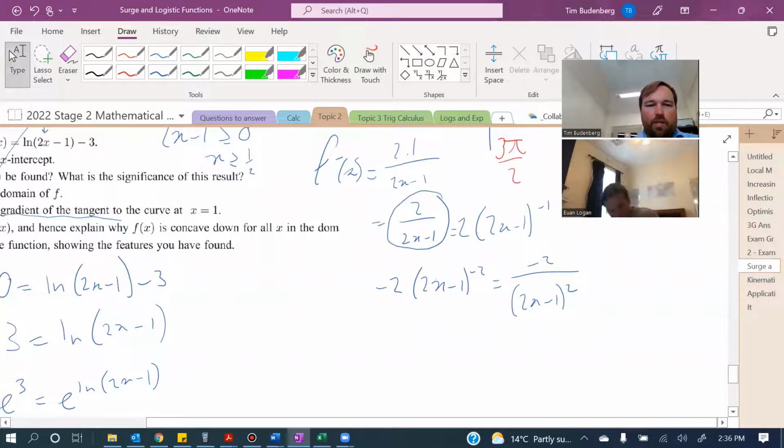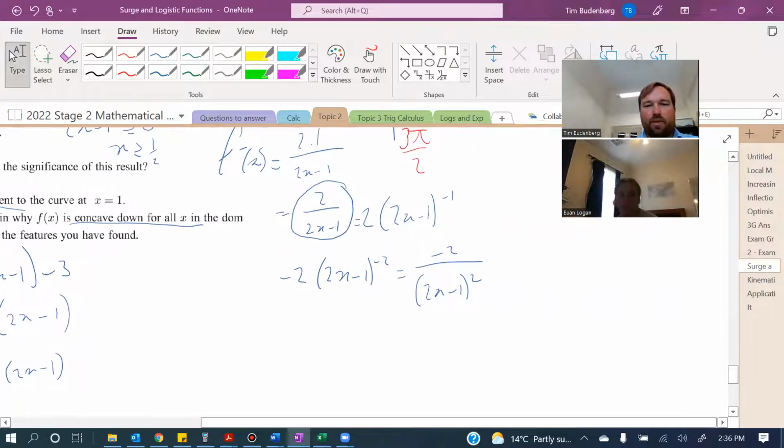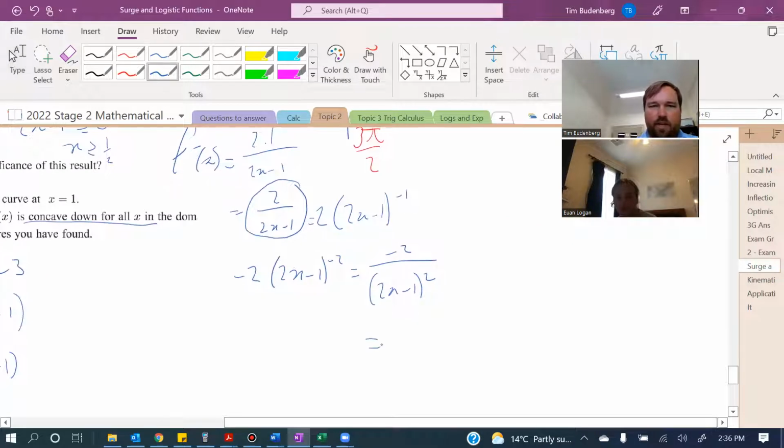So explain why it is concave down. The reason is that the denominator will always be positive. No matter what x is, it's squared, so it'll become positive. You're always going to have minus 2 divided by a positive number, which gives a negative number.